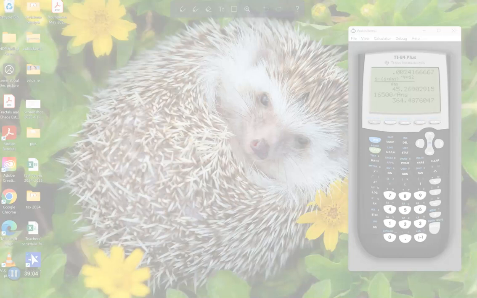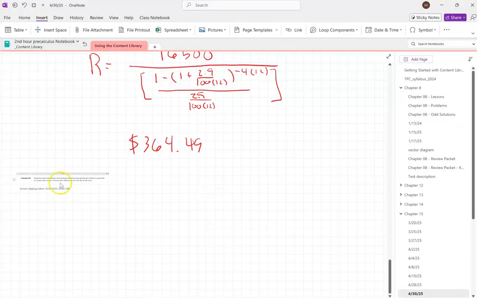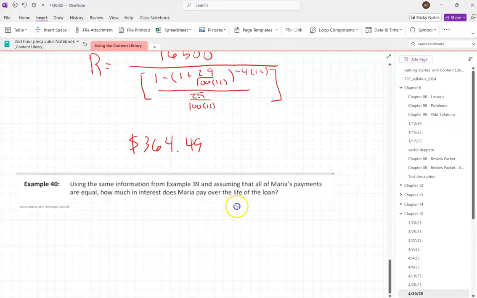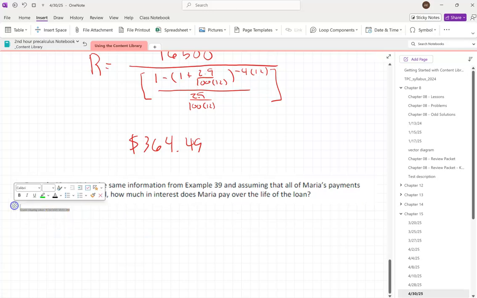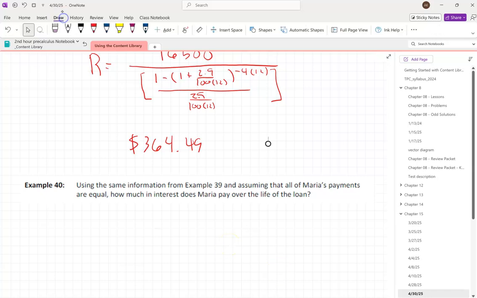Okay, so one more example question, then I'm going to show you some calculator stuff. Using the same information from the previous example and assuming all of Maria's payments are equal, how much does Maria pay over the life of her loan?